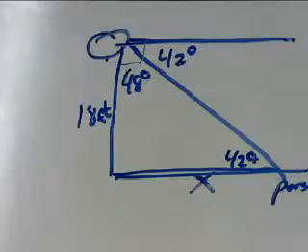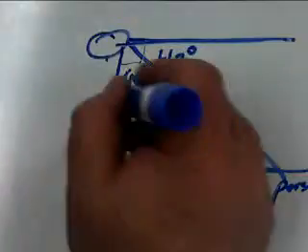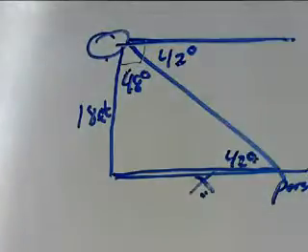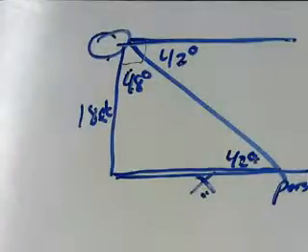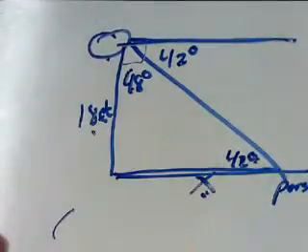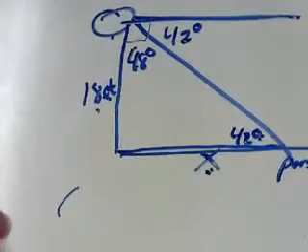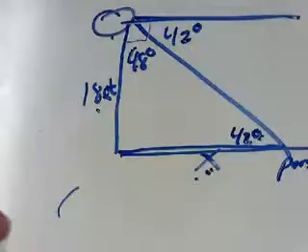Okay, I want to find x. Do I want to use 48 or 42? 42, not 48. All in favor of 48, raise their hand. I don't care. 42 degrees then. How does 18 relate to the 42 degrees? How does x relate to the 42? Okay?